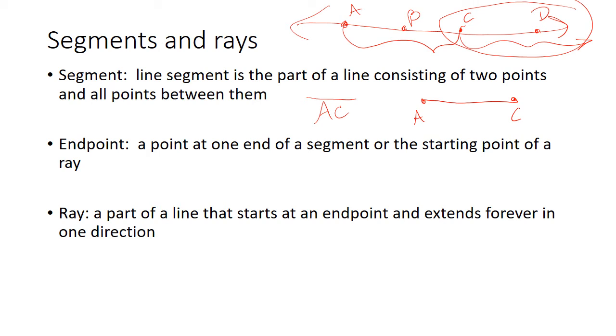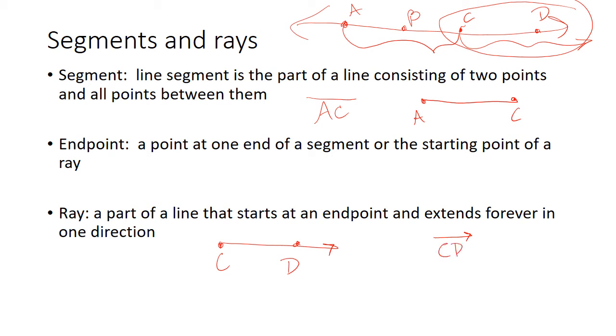A ray is always going to have an endpoint, like C, and we're going to need another point. It needs to have 2 points. It's not an endpoint, it's just another point on the line to indicate what direction the line is going. It starts at C and it moves off and continues past D. So the way we would write that is you have your little ray on top and it would be CD.